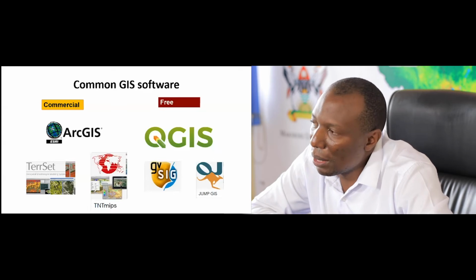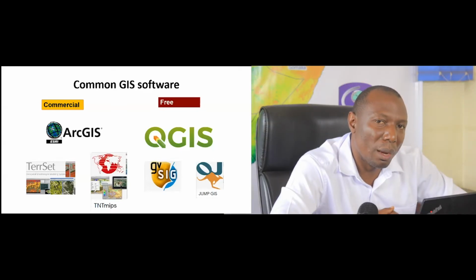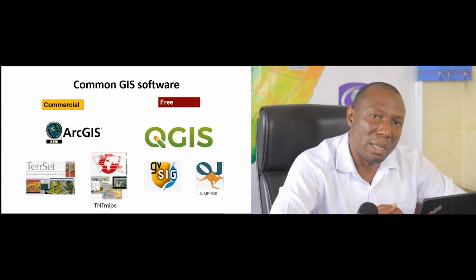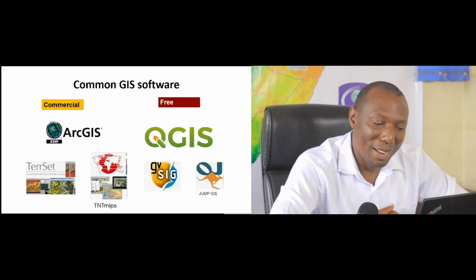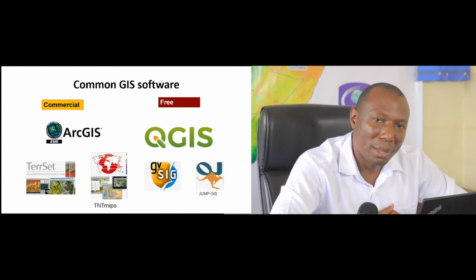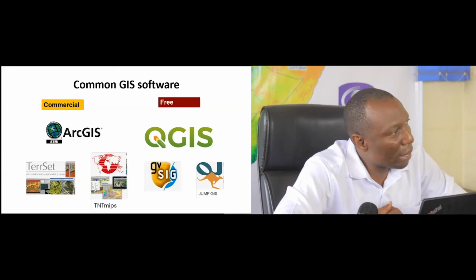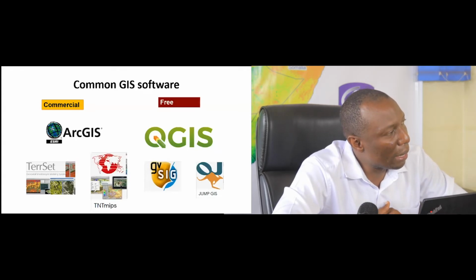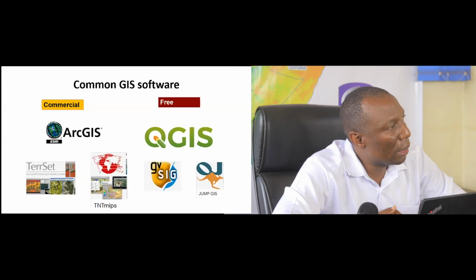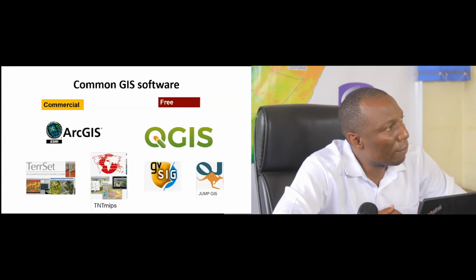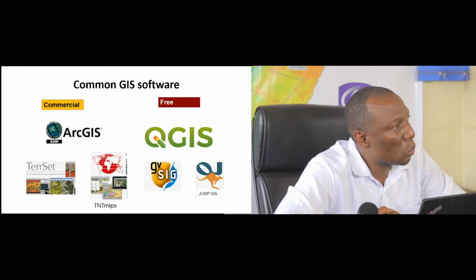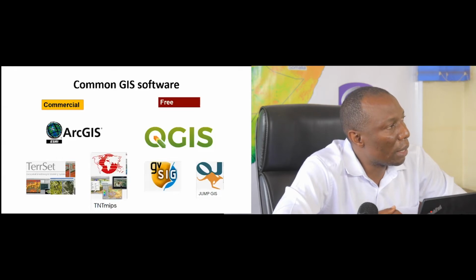Then in terms of free software, before 2002 we used to use GVSIG and JUMP GIS. GVSIG used to be very good software, along with GRASS. Now that QGIS has come on board, it has come as versatile software which has encompassed GRASS. It has also added the OTB tool. It has also added SAGA.